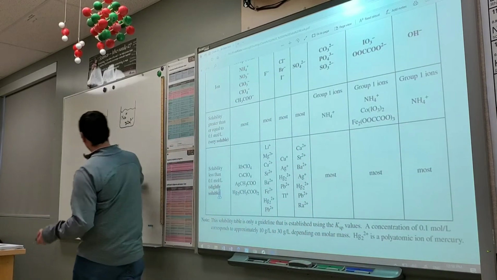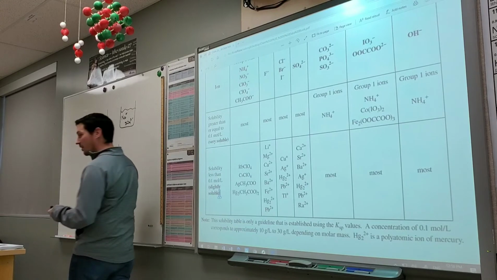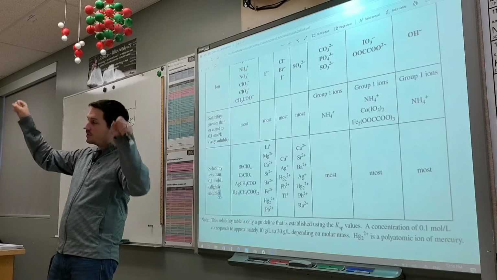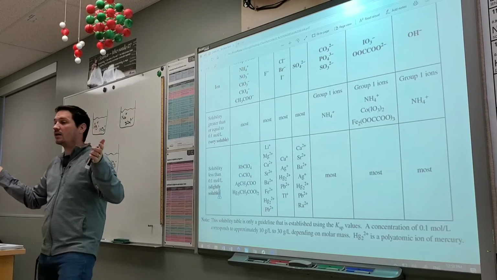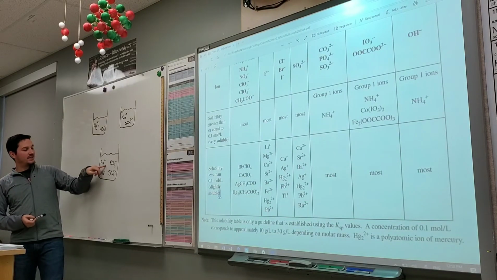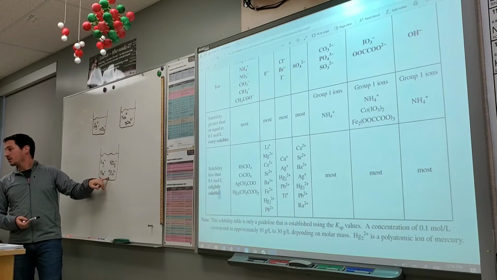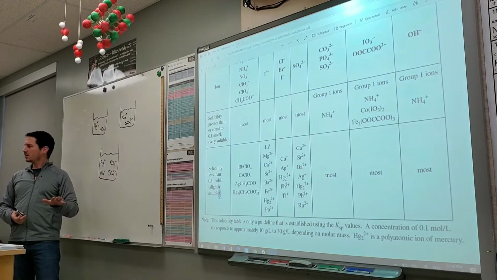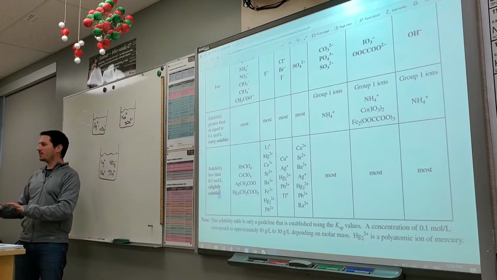Okay, all right. So when the sodium ions and the nitrate ions bump into each other, it doesn't matter. There's no strong interaction. What about silver and sulfate? Yes. So really, what's the reaction that's happening?